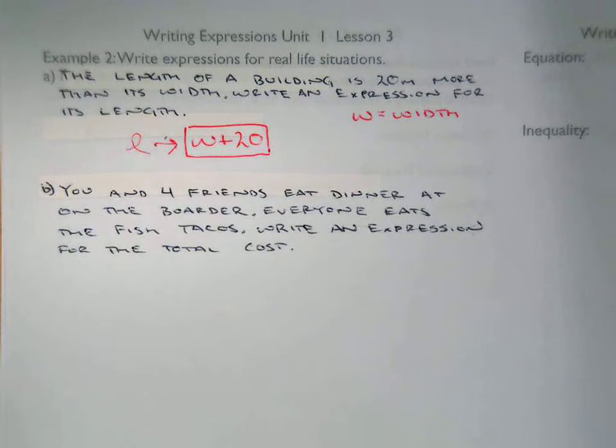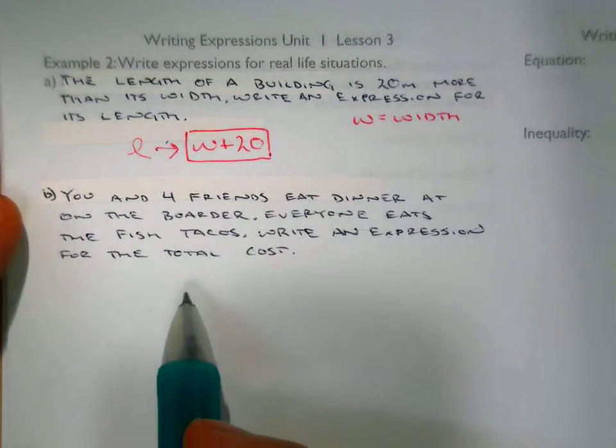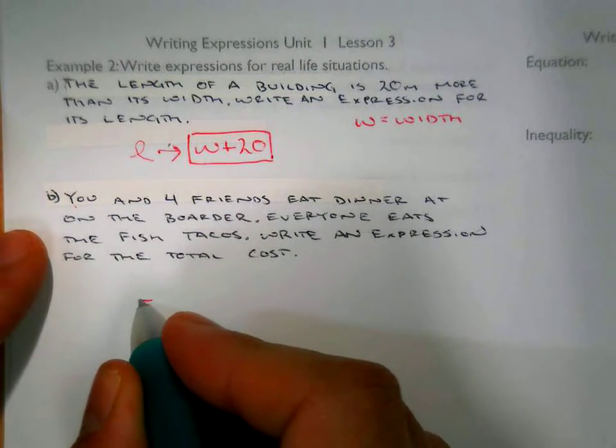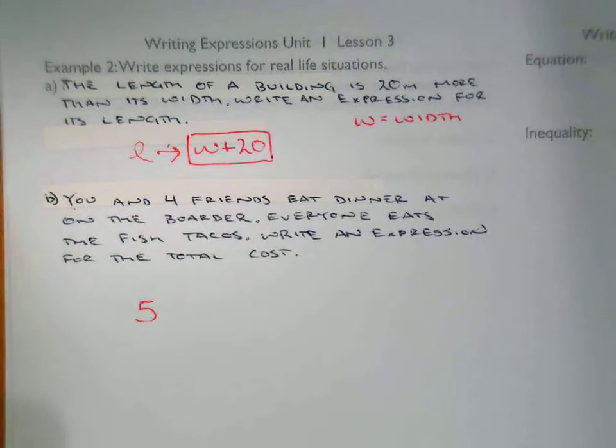All right, B, you and 4 friends eat dinner at On the Border, everyone's favorite Mexican restaurant in Itaewon. Everyone eats the fish tacos. Write an expression for the total cost. If it's you and your 4 friends, there would be 5 total people eating these glorious fish tacos. If everyone eats the fish tacos, we want the total cost.